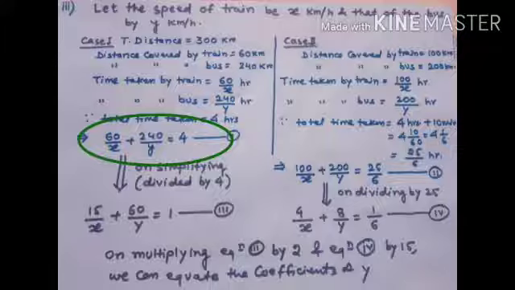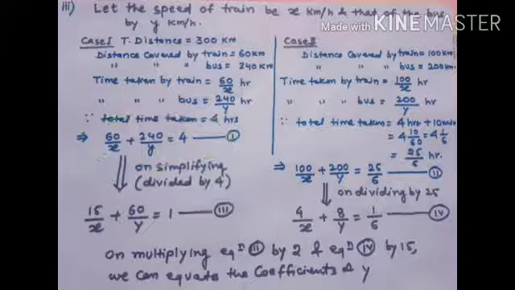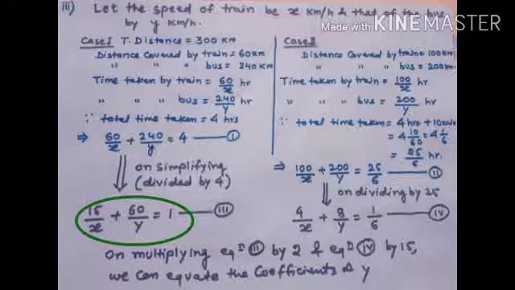That will be 60 divided by x plus 240 divided by y equal to 4. Equation number 1. And finally, on simplifying this equation by dividing by 4, we get 15 divided by x plus 60 divided by y equal to 1. That will become equation number 3.